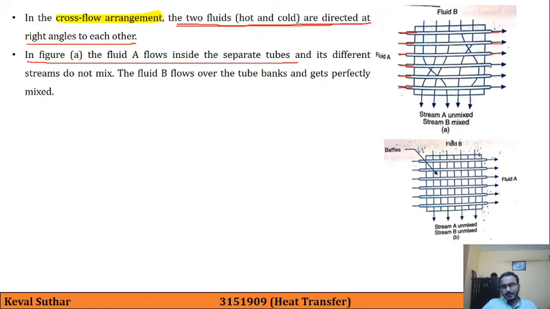So they have a prescribed path to flow through the heat exchanger, and its different streams do not mix because they have their own pipelines to pass through.